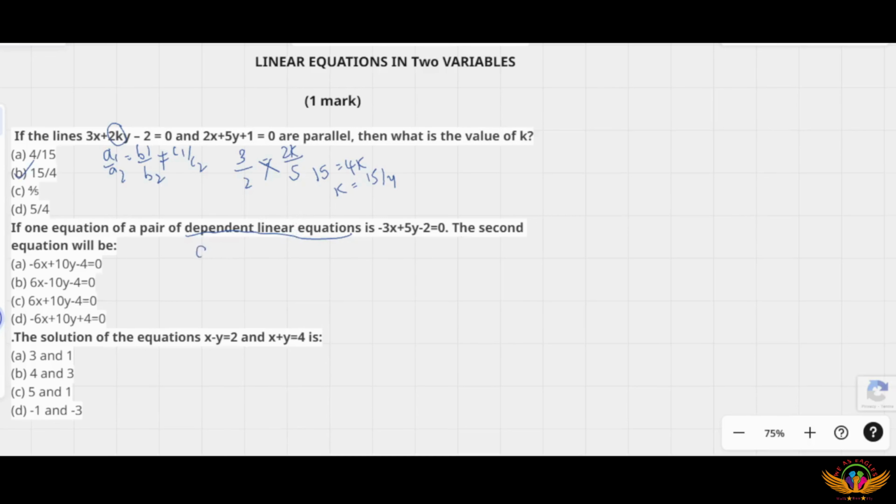It is a1 by a2 is equal to b1 by b2 is equal to c1 by c2, where we are going to get an infinite number of solutions. So you have to cross check with the options where this condition must be satisfied. Okay, so let us start with the first option. Minus 3 by minus 6 becomes 1 by 2, 5 by 10 also 1 by 2, and minus 2 by minus 4.